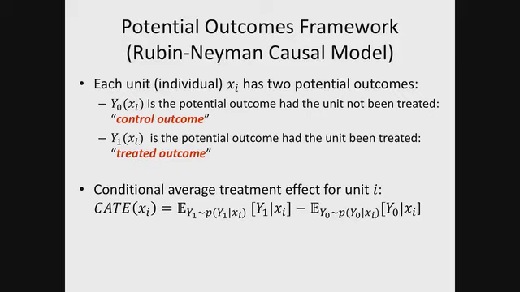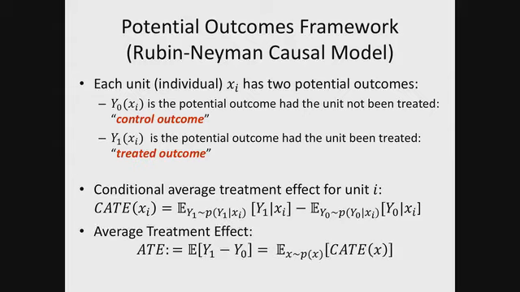And so that's the randomness that I'm referring to when I talk about probability over y1 given xi. And so the CATE looks at the difference in those two expectations. And then one can now talk about what the average treatment effect is, which is the expectation of the CATE over the distribution of people, P of x.